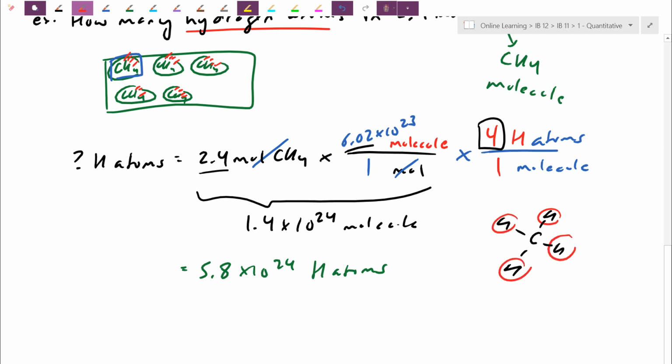Not 3.9, not 4.1. Hopefully you can say to me, infinitely confident, because this is a small counting number, this one is actually infinitely precise. So actually we're just limited by the precision on this one here, 2 sig figs, so we should actually keep our answer to 2 sig figs. That's what we do in case we're looking for atoms inside this molecule.